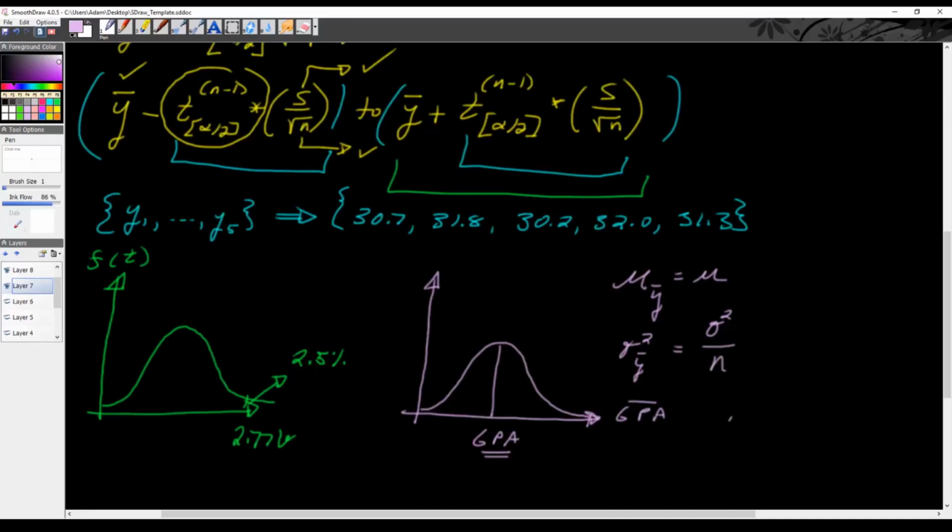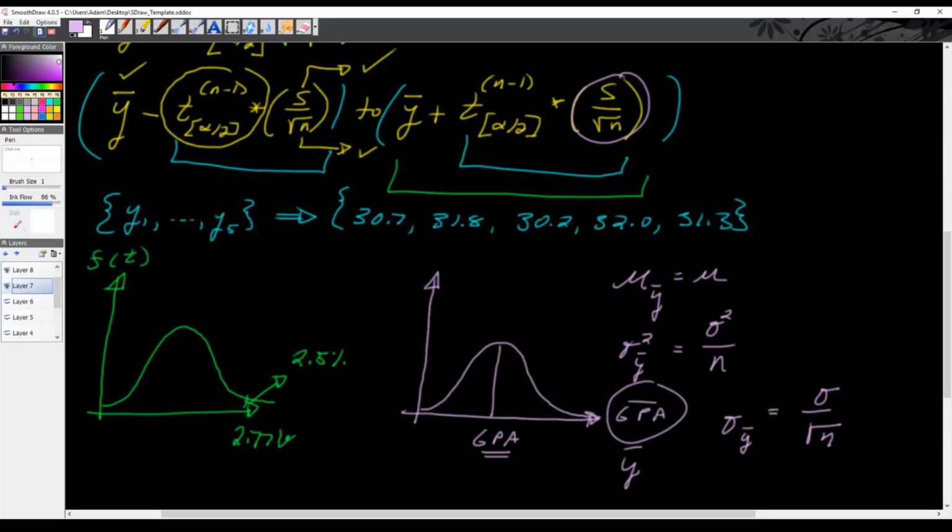So if I take the square root of that, the standard deviation of the sample means, this is also called the standard error of the mean, is equal to sigma divided by root n. That's kind of familiar. And the distribution of the means, so the distribution of the y bars, is normal.